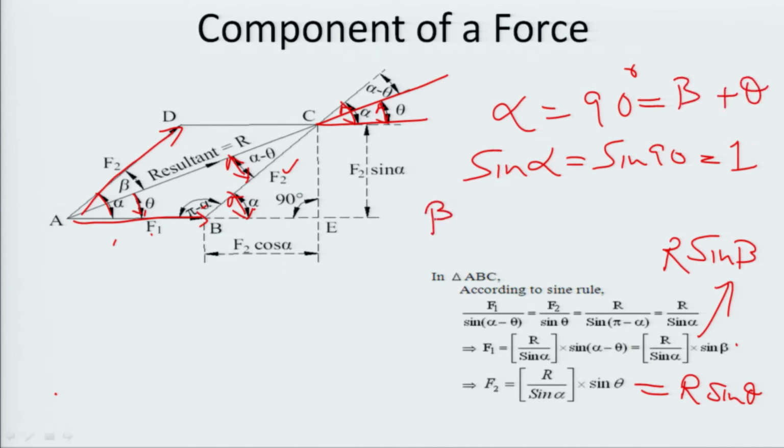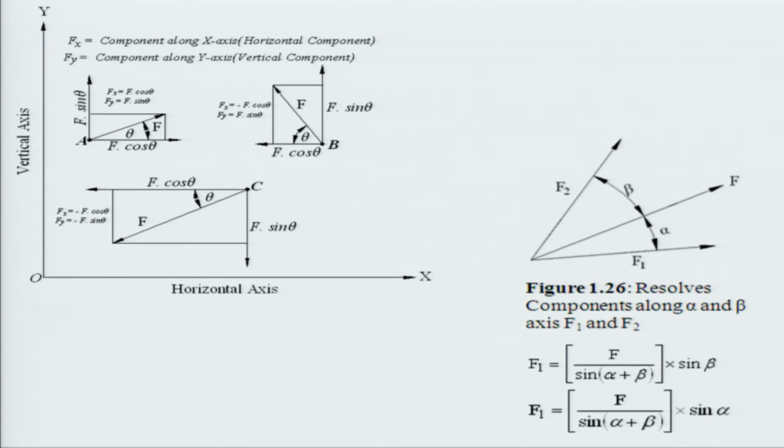So, beta is equal to 90 minus theta, and theta will be 90 minus beta. So, this is this case.